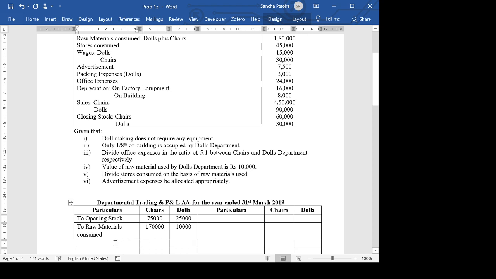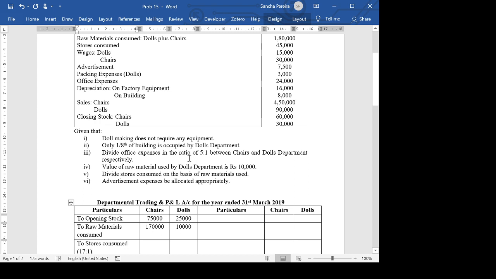Then stores. What have they told us about stores? Divide stores consumed on the basis of raw materials used. So if you remove these four zeros, you'll get the ratio as 17 is to 1. Okay, so 45,000 divided in the ratio of 17 is to 1.